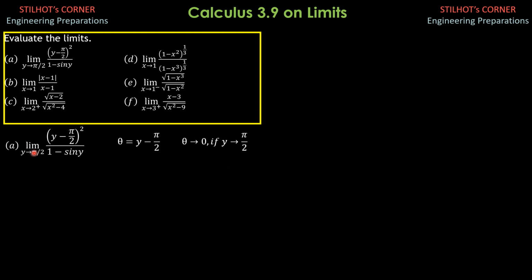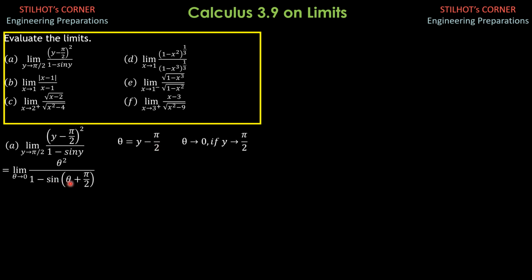Then we replace y approaching pi over 2 by theta approaching 0, and y here is theta plus pi over 2. This is theta squared. So that would now be the limit as theta approaches 0 of theta squared all over 1 minus sine of theta plus pi over 2.